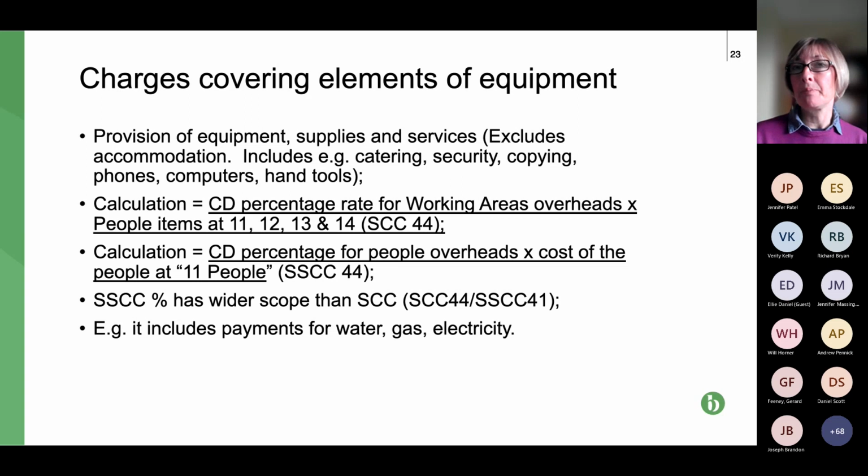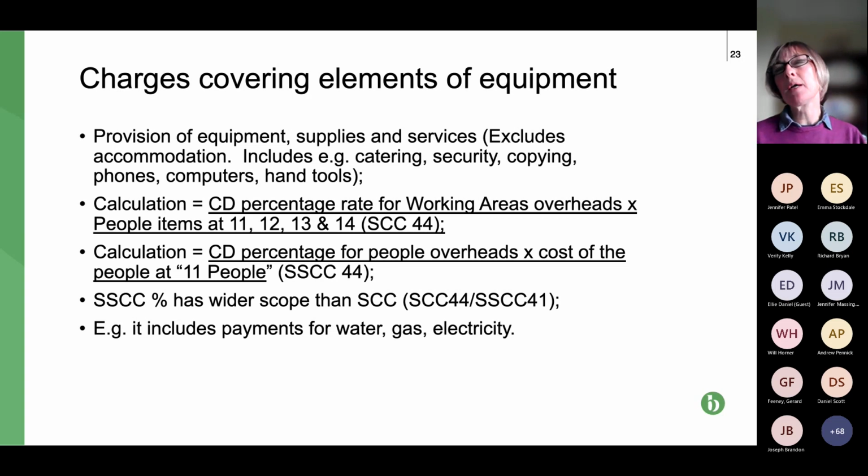We also have the percentages. So we've already referred to this. Depending on whether you're using the schedule or the shorter schedule, the percentage is wider for the shorter schedule. It includes more items. But what's it a percentage of? Well, the percentage figure will be in the contract data part 2. So contractor, subcontractor needs to complete that, and it's a percentage of the people cost.